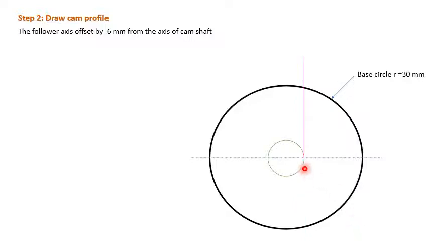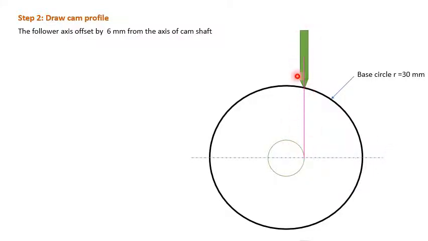Okay, so tangent to this small circle, draw a vertical line in upward direction, because we have to place the follower. Since it is a knife edge follower, we have to locate the knife edge follower which is passing through this offset line.